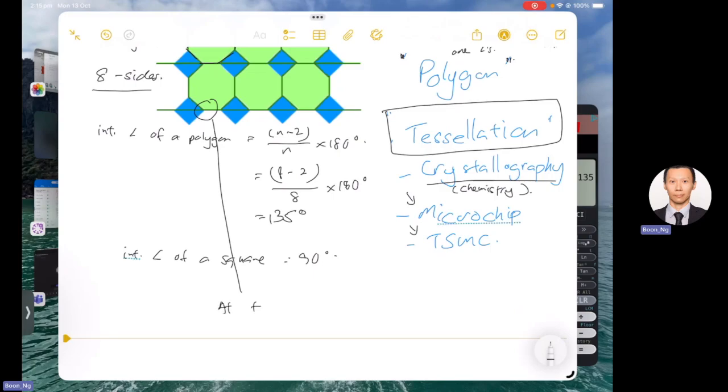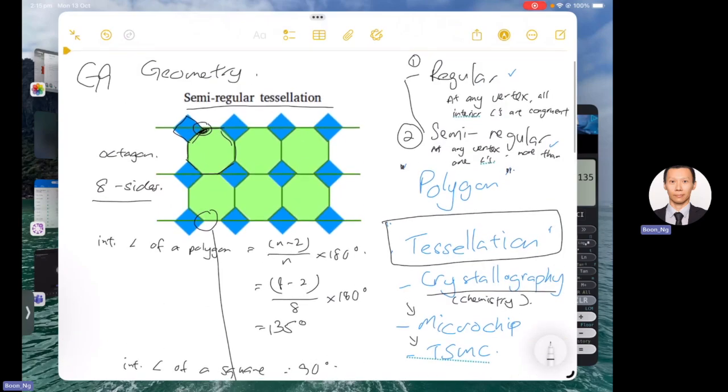At this vertex, two types of interior angles, 135 and 90.